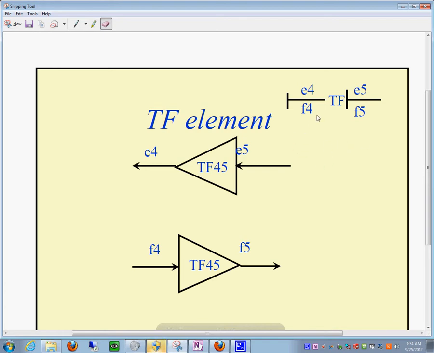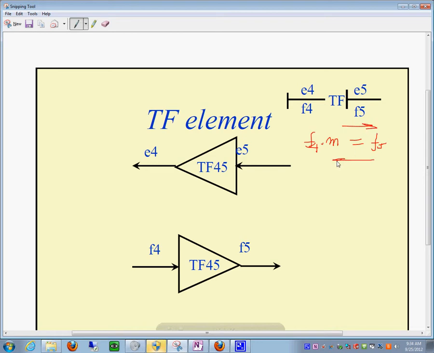Okay, what's the input on this side? Is F sub 4, right? So F sub 4 times the modulus M should be the output, which is what? This one, F5. So this is going this way.